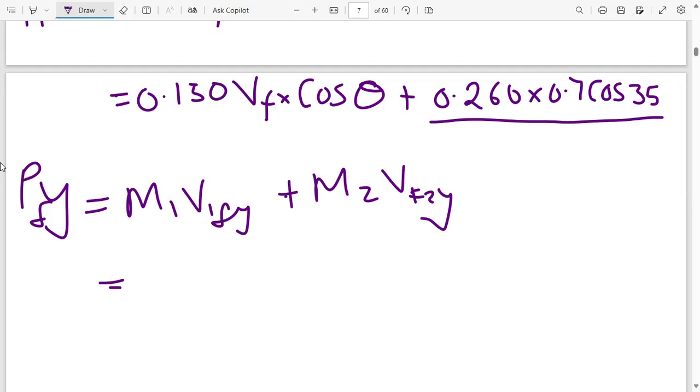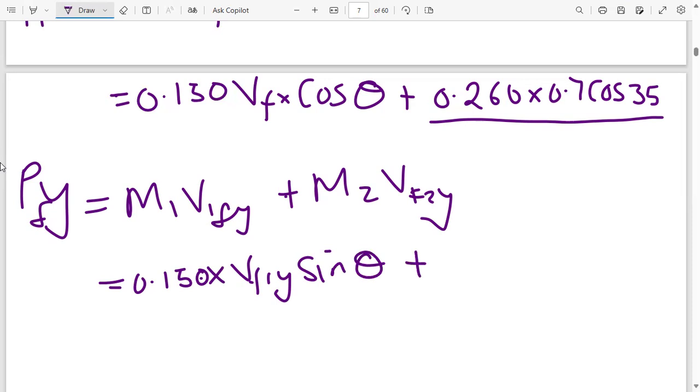It will be equal to 0.150 multiplied by v final of 1 in the y, sine theta, plus the mass of 2, which is 0.260, multiplied by the final velocity of 2, which is 0.7 sine.